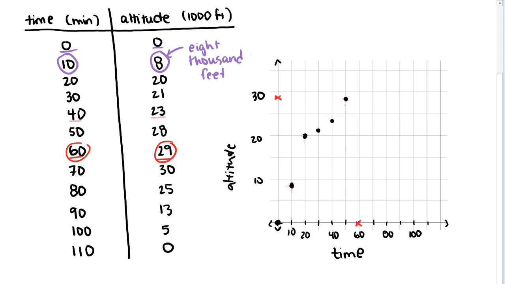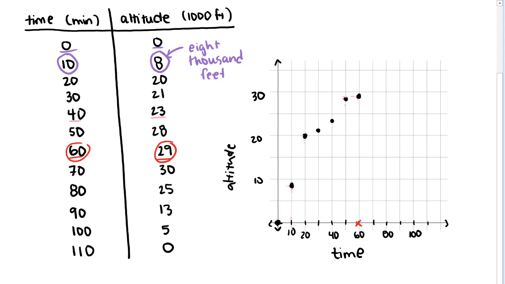So 60 and 29 together would correspond to this point here-ish, because when I look down to my time axis, I would see 60 minutes, and when I look left to my altitude axis, I would see an altitude of 29,000 feet. Okay, so hopefully that clarifies things.